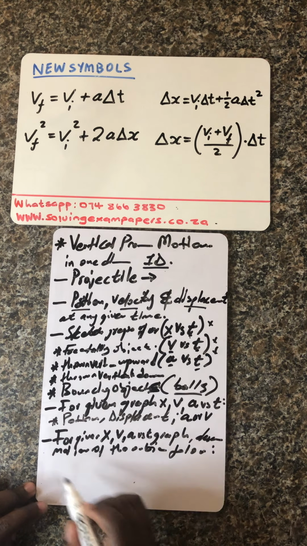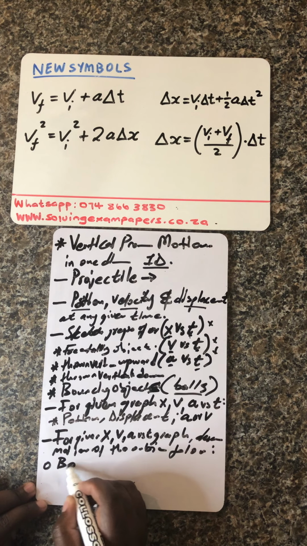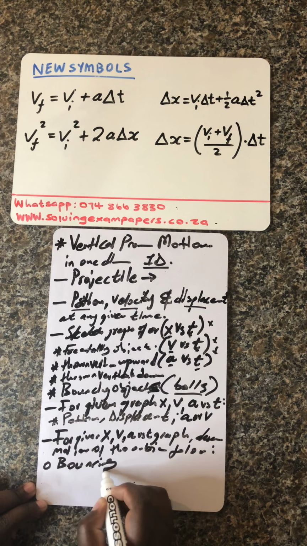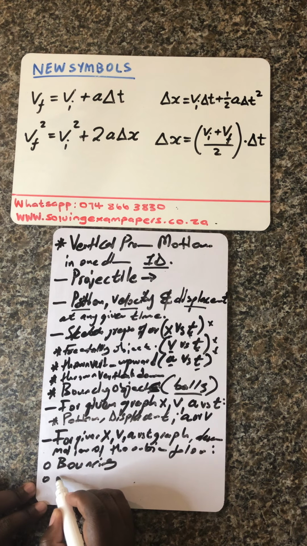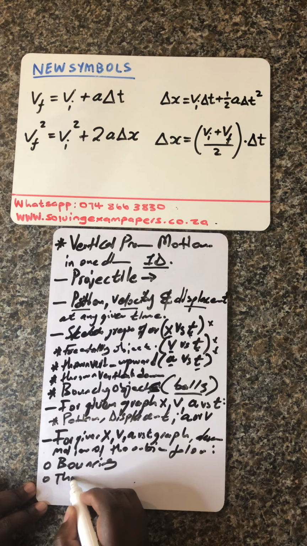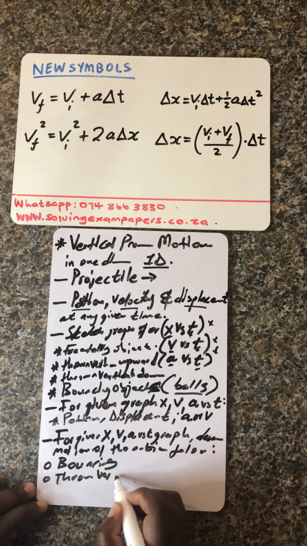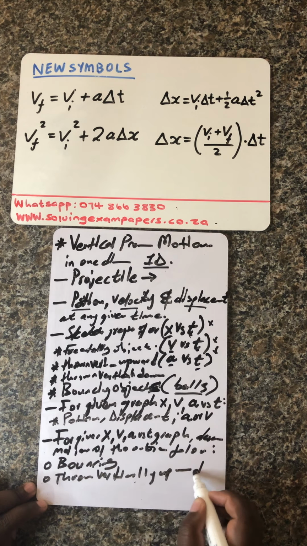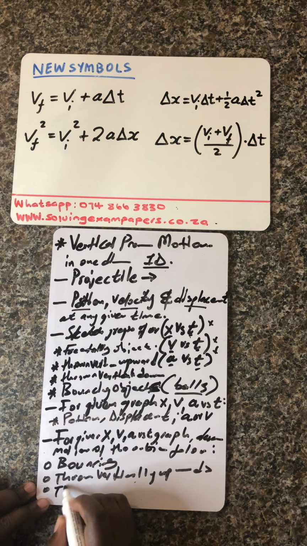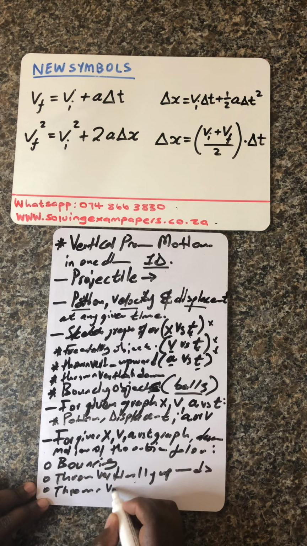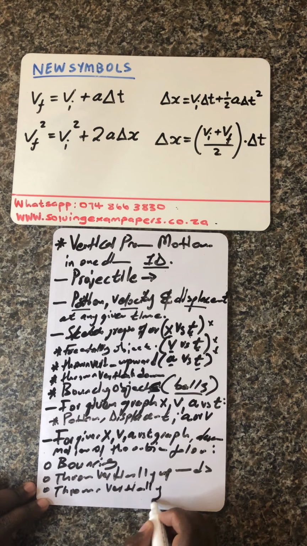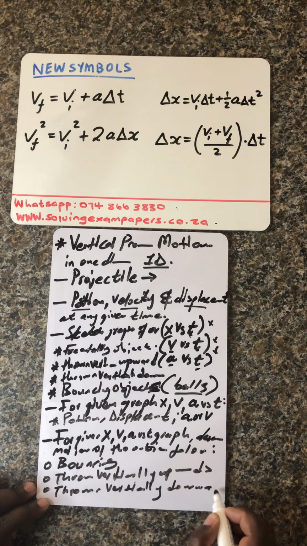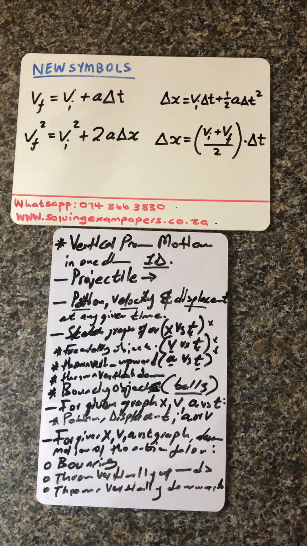Okay, ladies and gentlemen, for a bouncing object, otherwise an object which is thrown vertically upwards and again thrown vertically downwards. Okay, very, very much important, ladies and gentlemen, that you take into consideration all of this information that I've provided.